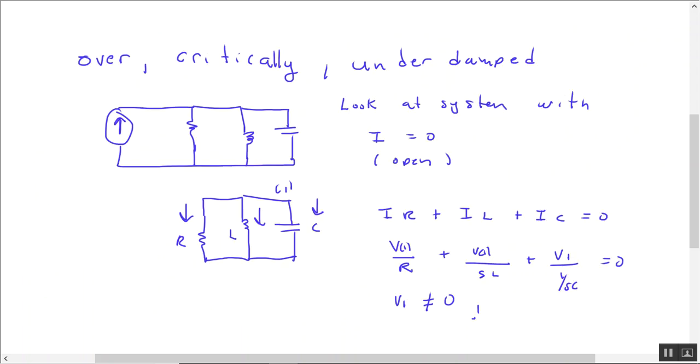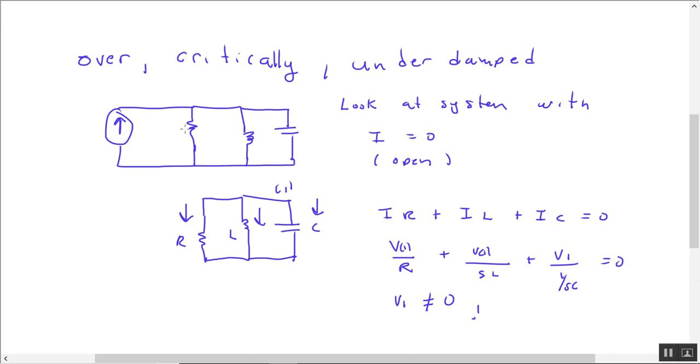So now that we've got that, what about whether the system is over, under, or critically damped? Over, under, and critically damped is just something for a second order system that we give a special name to. If you put an input into a system and it just keeps oscillating back and forth for a long time, that's underdamped.